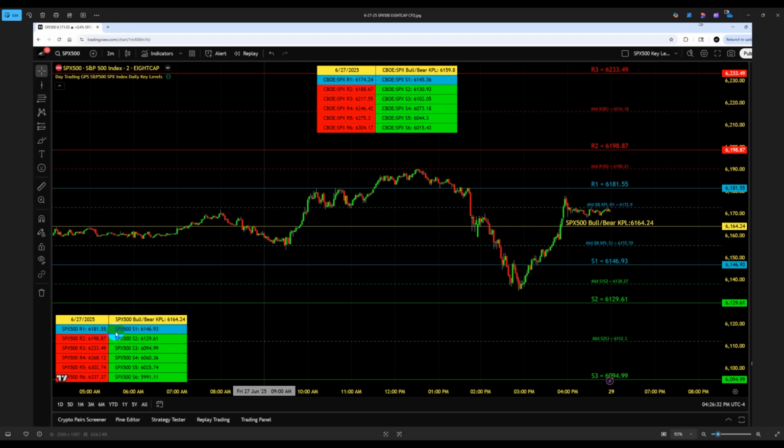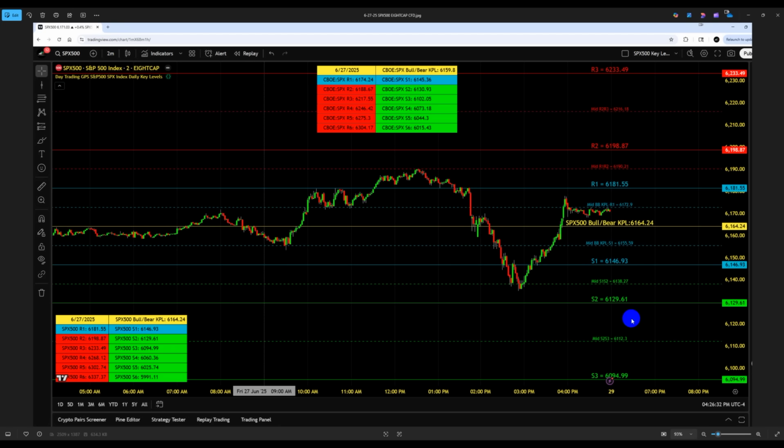So this chart has this particular table for the SPX 500 CFD, and then it has a second table which displays the adjusted values for the CBOE SPX index, which will open 30 minutes later at 9:30. So here's 9 a.m. This is where you would have received the levels.